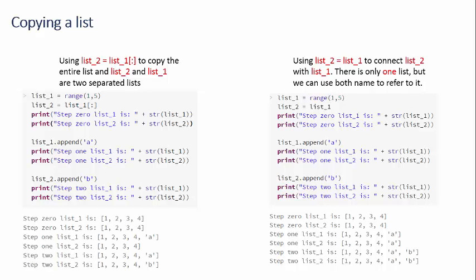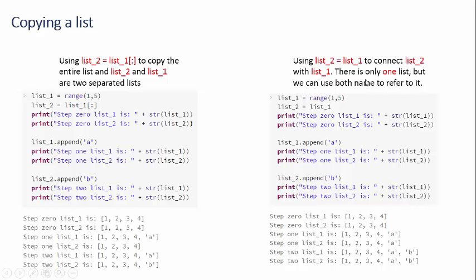One very common mistake when you want to copy a list is to simply use list_2 equal to list_1. This is not copying the entire list to a new list. By doing that, you actually create a connection between list_2 and list_1.